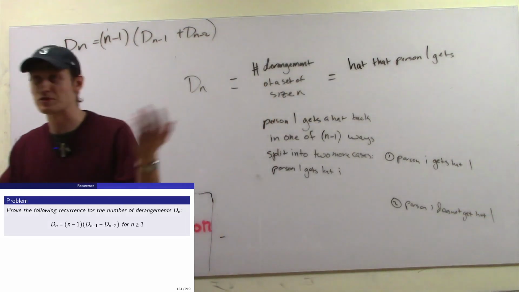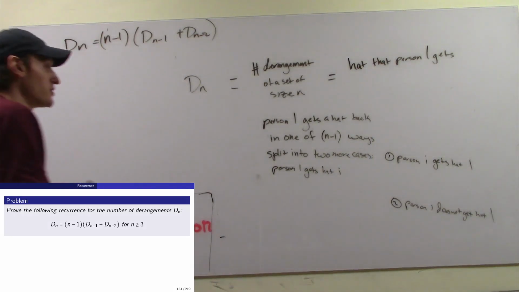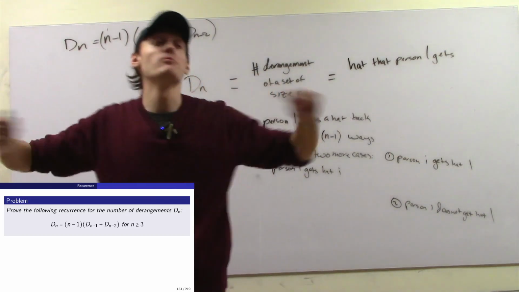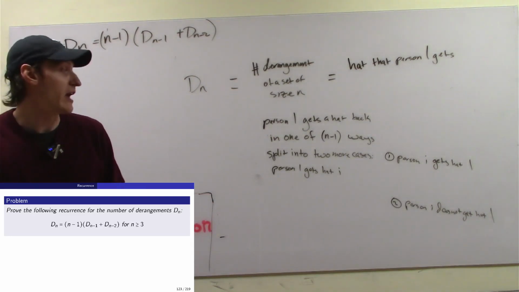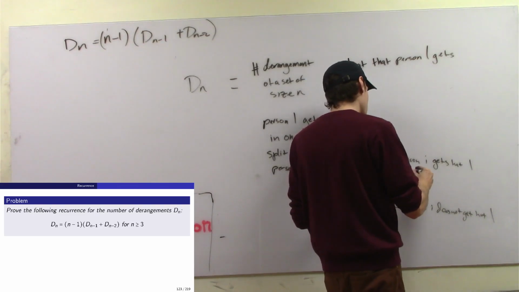So those are the 2 cases. If person i gets hat 1, they've swapped hats. So there are n minus 2 other people and n minus 2 other corresponding hats.